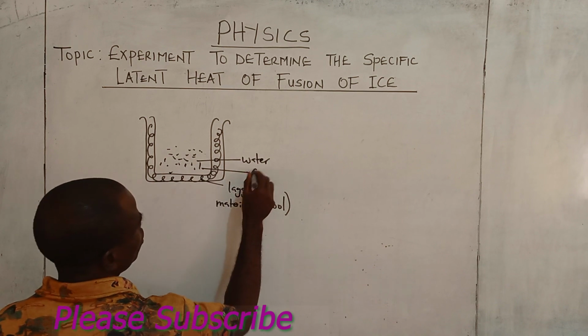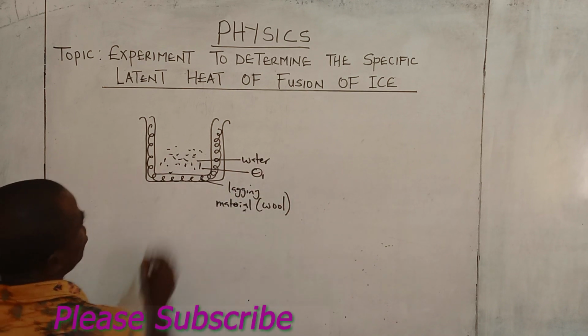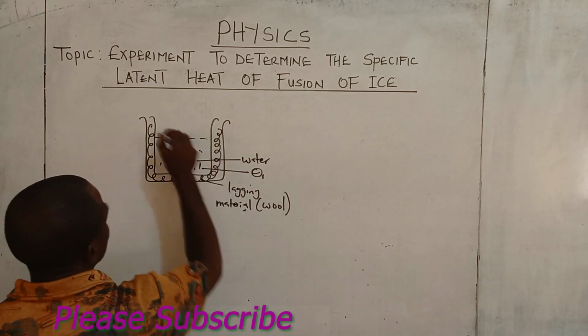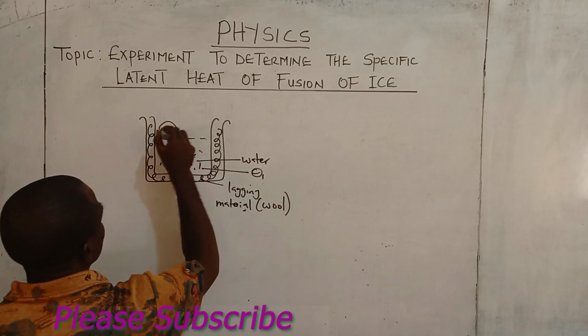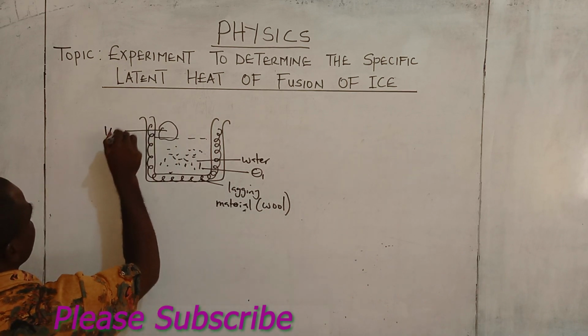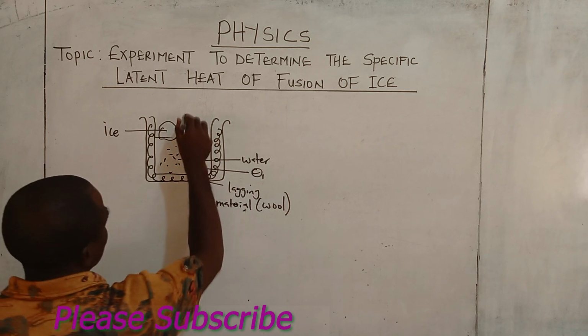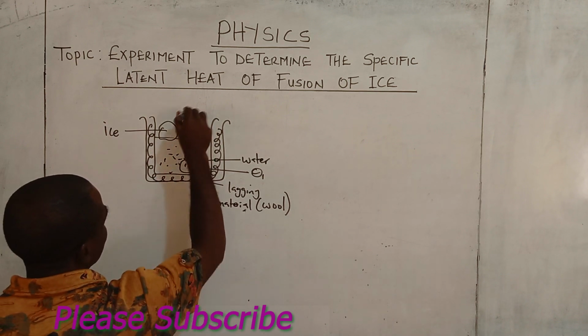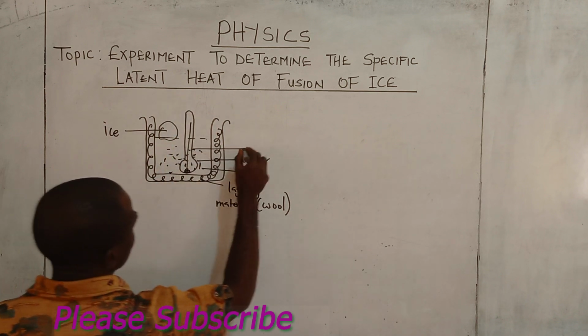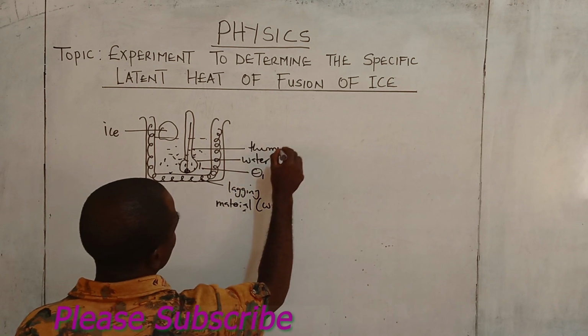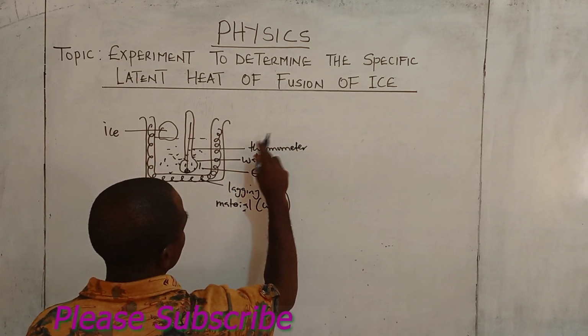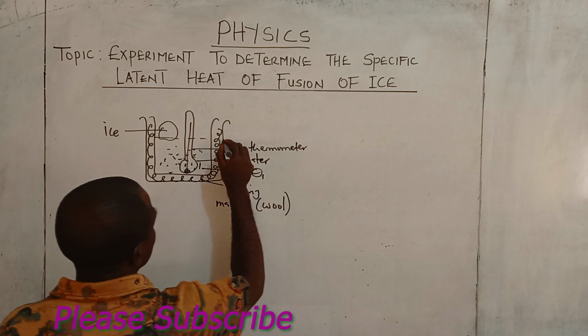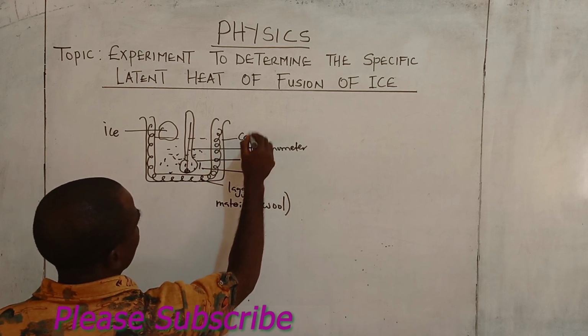The initial temperature of the water is theta1. That's ice block. This ice. This thermometer, take the temperature. Thermometer. This is what we call calorimeter.